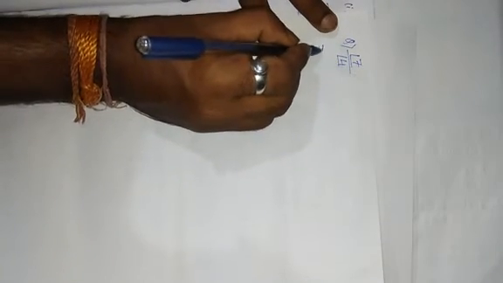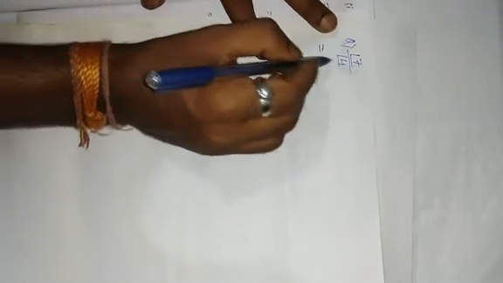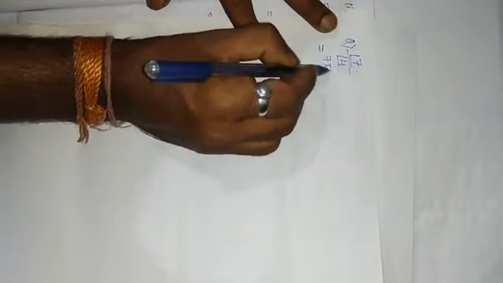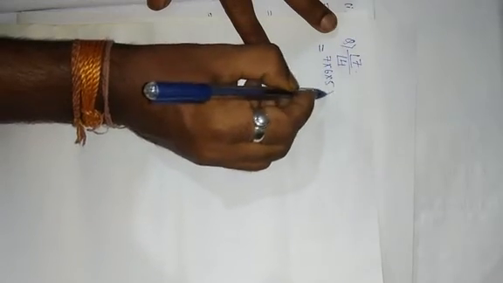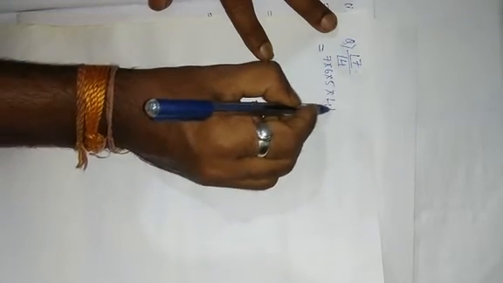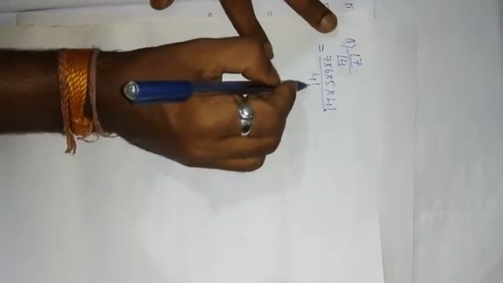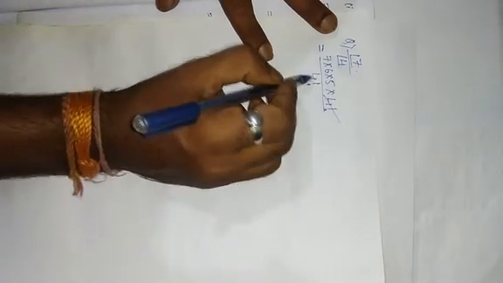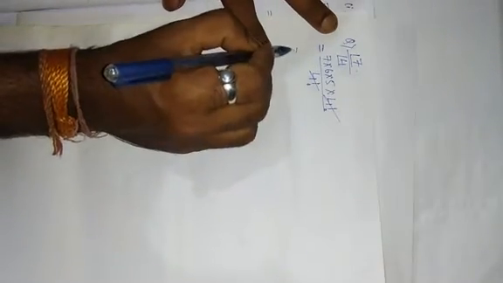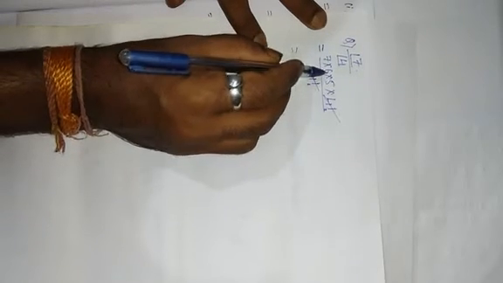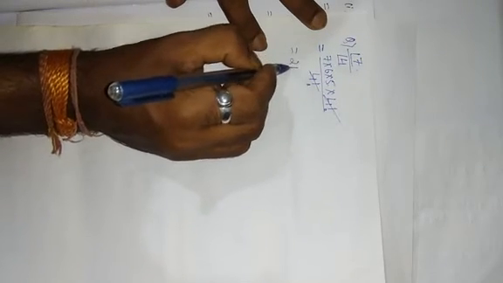So how to solve it? We know factorial 7 can be written as 7 into 6 into 5 into 4 factorial, divided by 4 factorial. Factorial 4 and factorial 4 get cancelled. What is remaining here? 7 into 6 into 5. So it becomes 210.